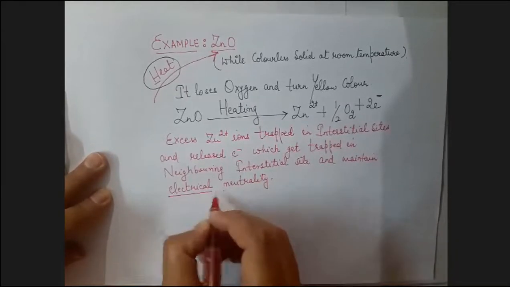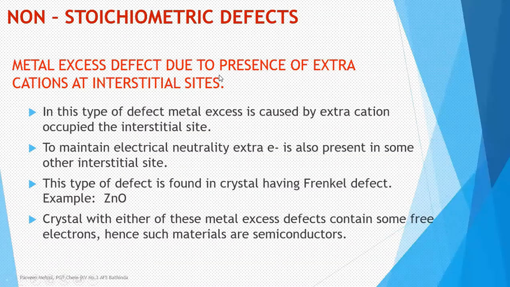So crystals with either of these metal excess defects contain some free electrons, hence such materials are semiconductors.